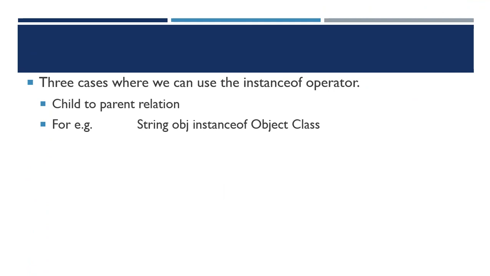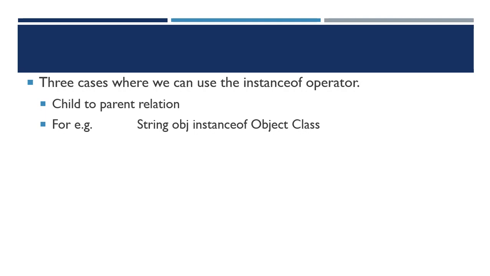For example, I have an object which is a child of a parent class, and I want to check whether this class is a parent of this object or not. In that case, this is a valid operation, because there is some relationship, as I said, there should be some relationship. So here is a child to parent relationship, and we can use the instanceof operator. This is a valid case.